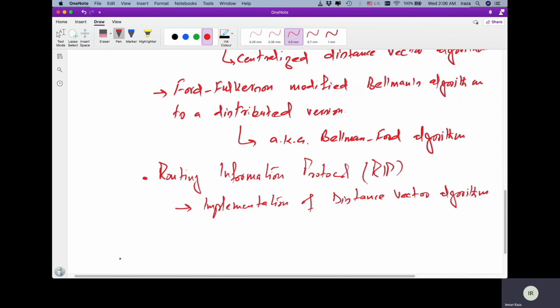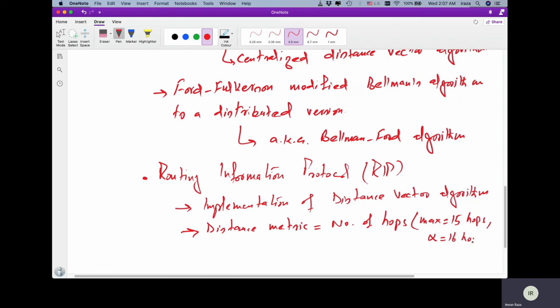And here the distance metric is basically the number of hops. We have just discussed that a maximum of 15 hops is allowed, and if I use the number 16, this represents infinity.